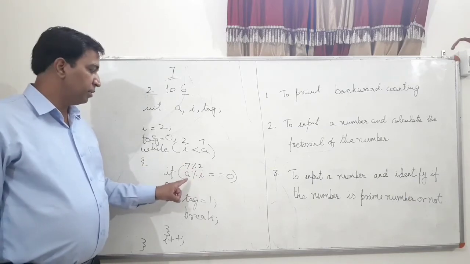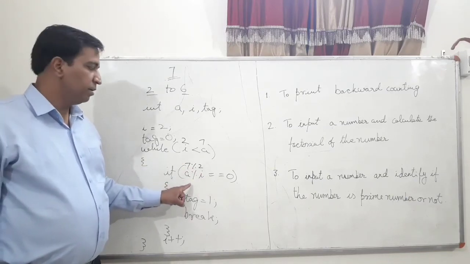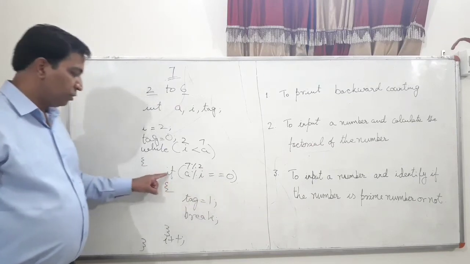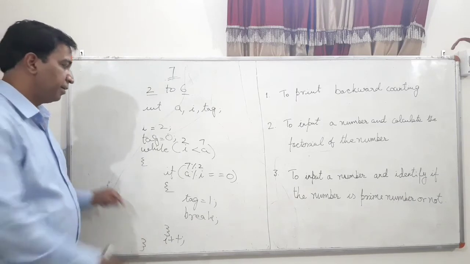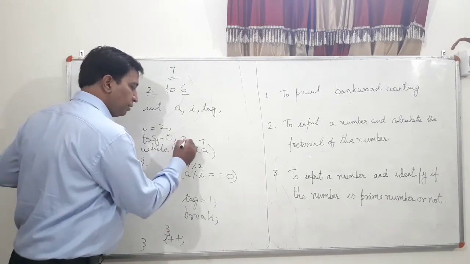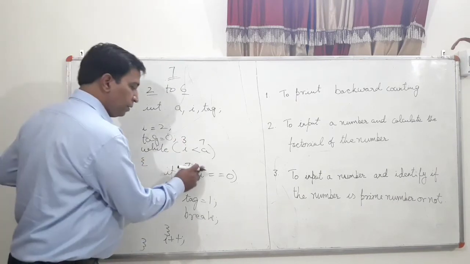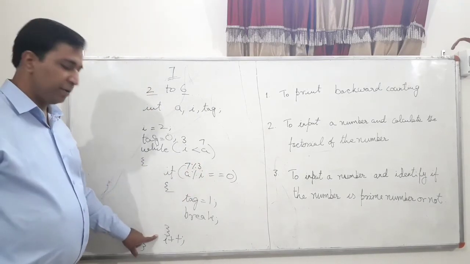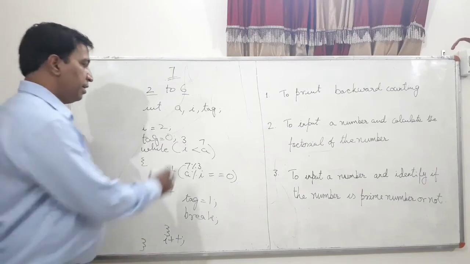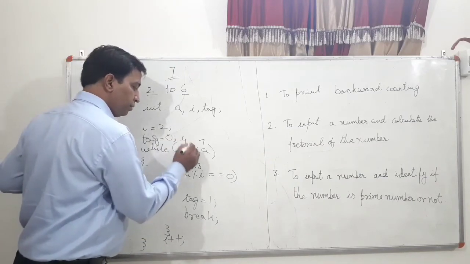So non-zero means the value will come 1, 1 equal to 0, this will be false, it will come out and I's value will be incremented. Now I will hold 3. Again it will not be divisible, so if will be skipped and I's value will be incremented to 4.